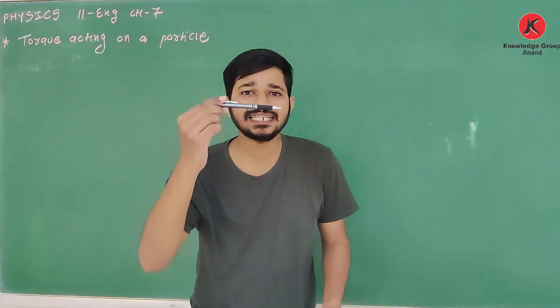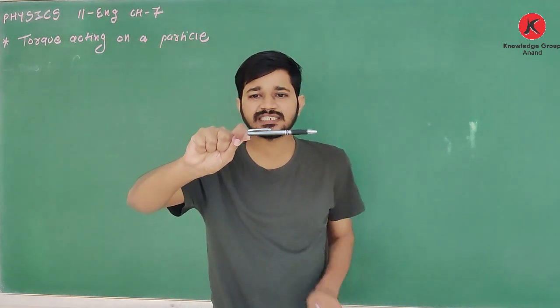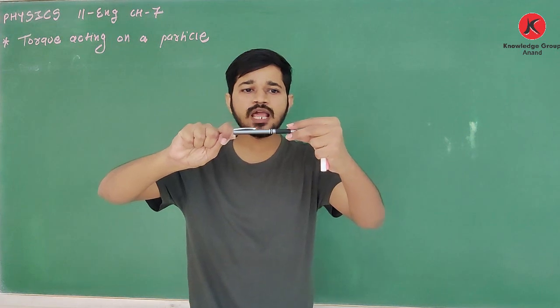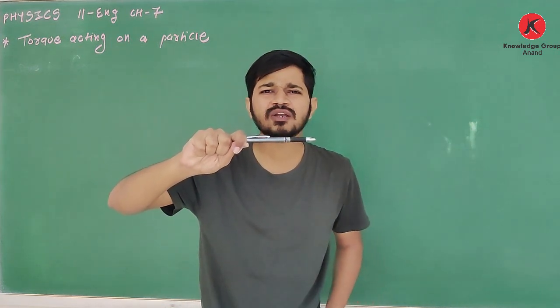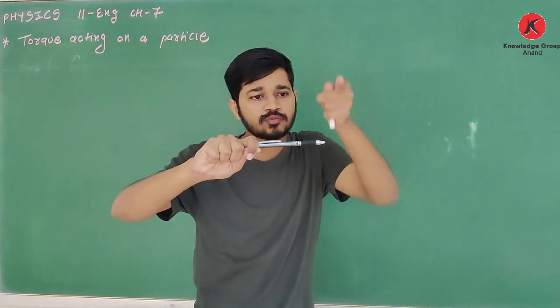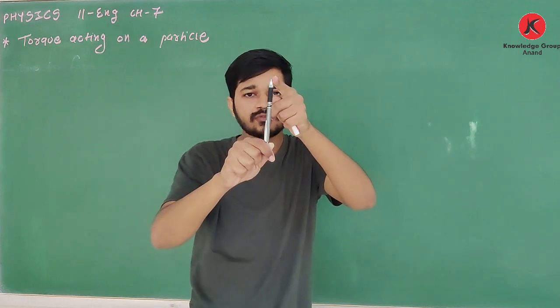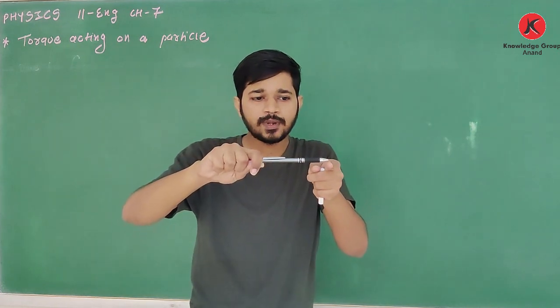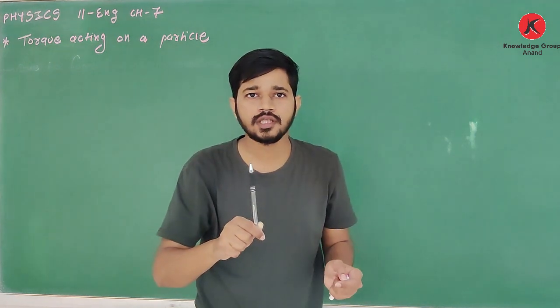For example, see, it is a pen. I am holding this pen from this end, which means it is the fixed end. Now if I apply force in this direction, will it perform any rotational motion? No. But if I apply force normal to it like this, yes, it will perform rotational motion. Yes or no?